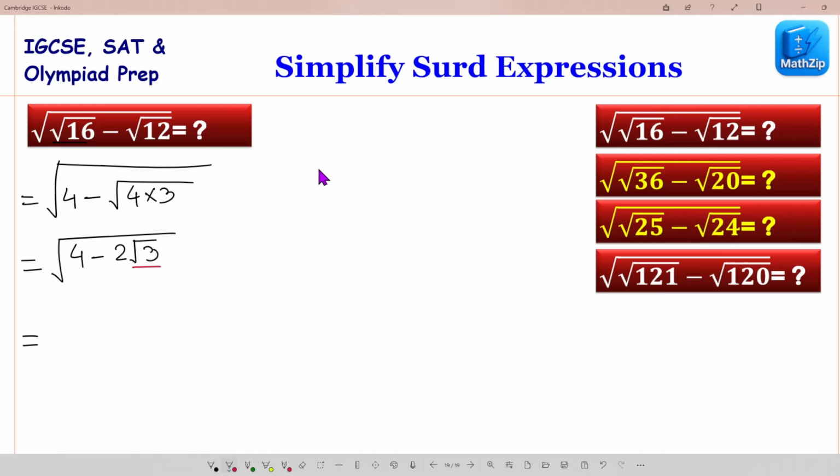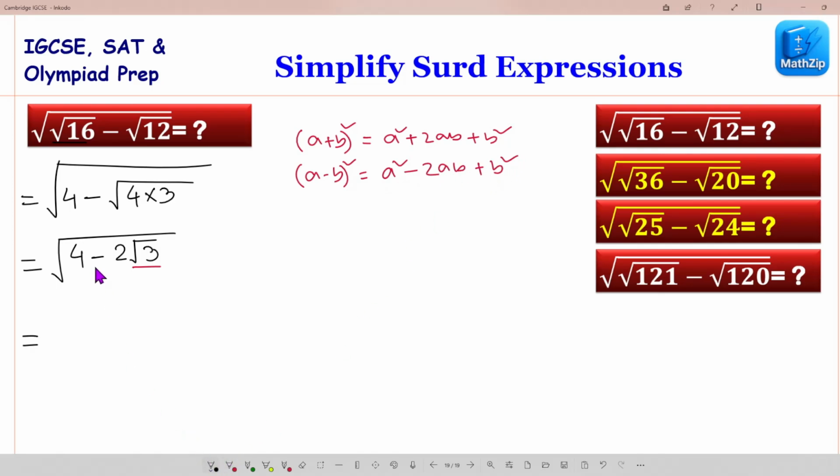Look, (a plus b) whole square, the theory is a square plus 2ab plus b square, and (a minus b) square we know is a square minus 2ab plus b square.